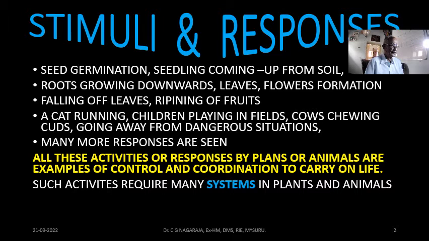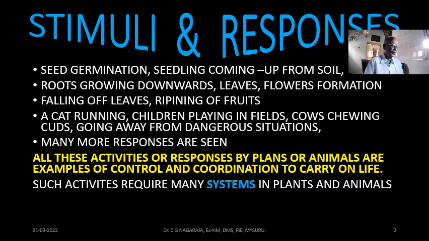Take another example: a cat running, children playing, cows chewing, going away from dangerous situations. These are all various activities animals and human beings do. And these activities are again due to the stimuli we get from outside. For example, when we find some danger is coming to us, we run away from that.